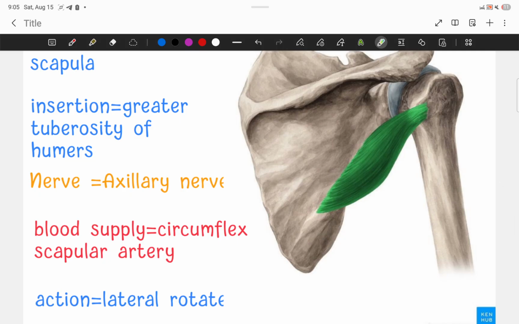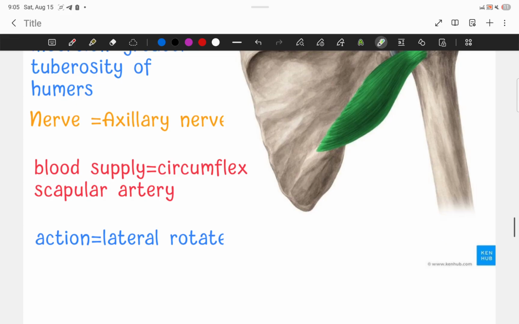Do you remember another muscle we talked about that supplies the axillary nerve? Of course, don't forget, that is the deltoid muscle. And blood supply is the circumflex scapular artery. Action is lateral rotation. Don't confuse lateral rotation and medial rotation muscles. We talk about it later, much easier.